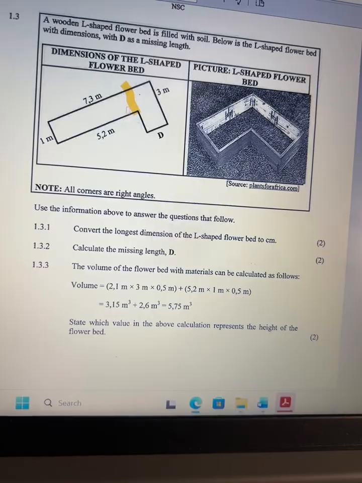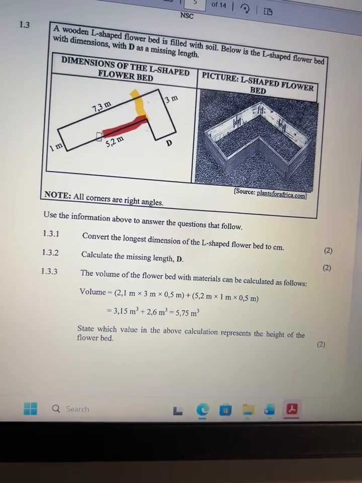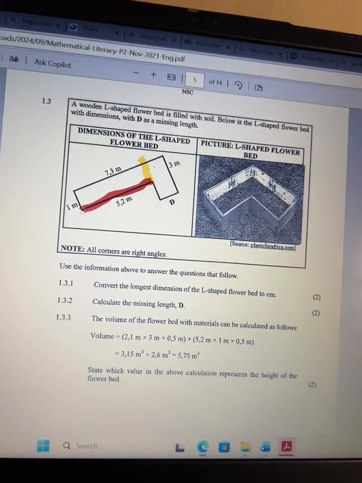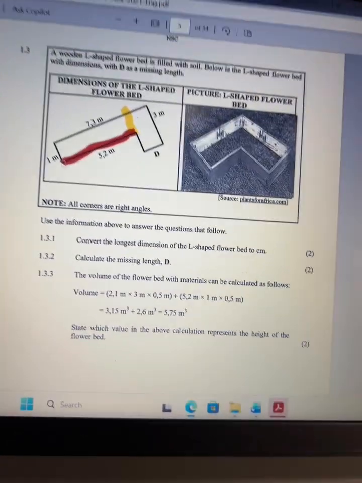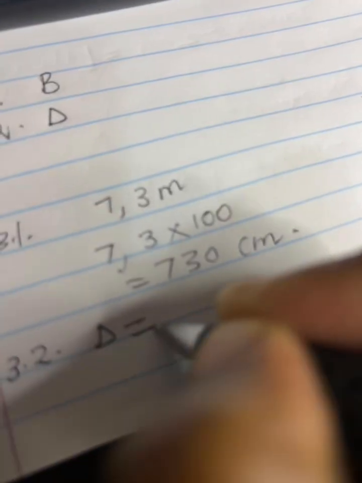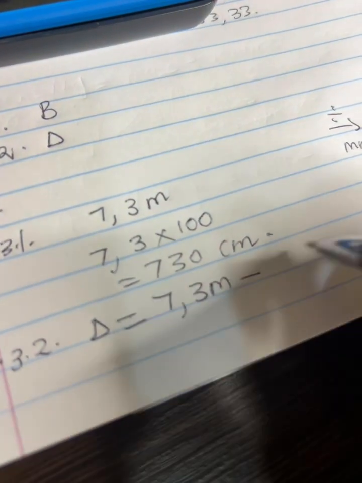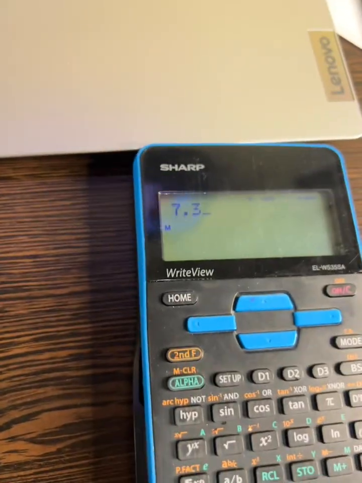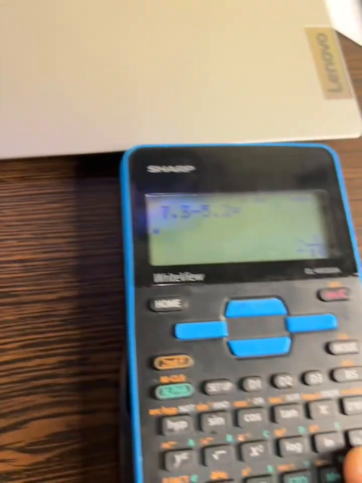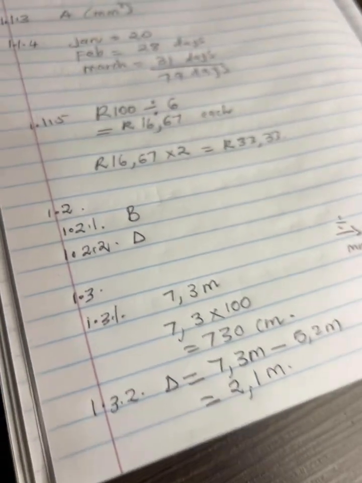In order to find D, we can take the longer side and subtract this part, from here up until here, which is 5.2 meters. So D equals 7.3 meters minus 5.2 meters, and the answer will be 2.1 meters. So that is the answer for D.